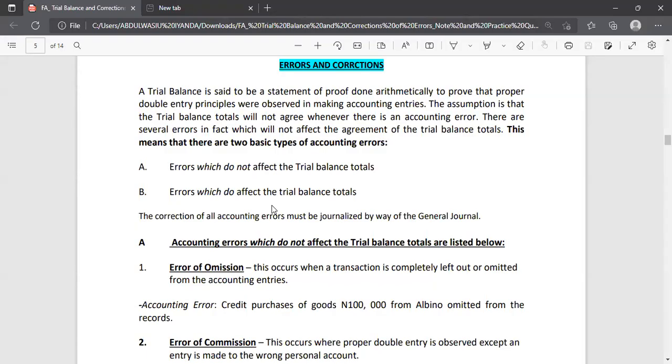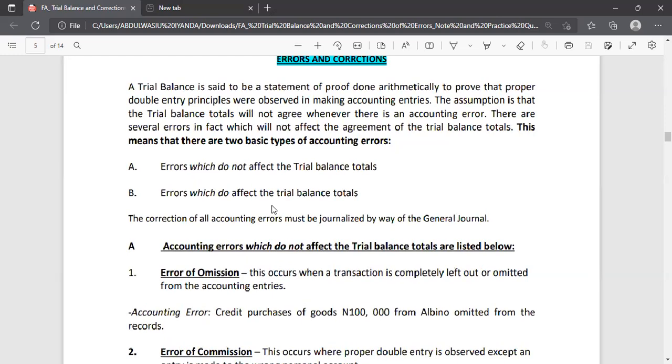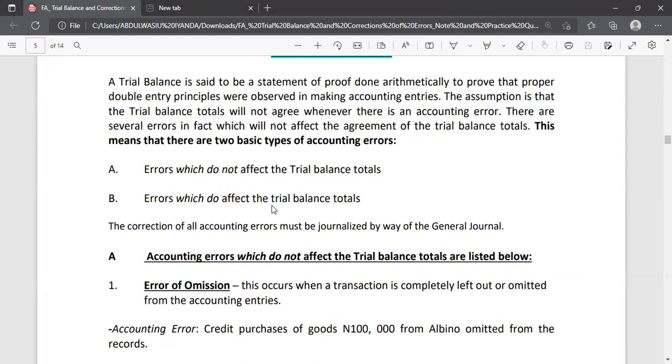Errors which do not affect the trial balance total, and the second one, D, errors which do affect the trial balance total, or the agreement of the trial balance.